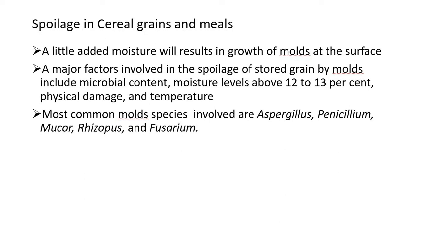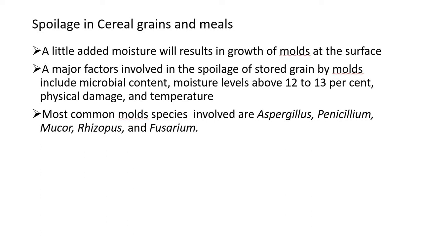A major factor involved in the spoilage of stored grains is molds, which includes the microbial content, moisture level above 12 to 13%, physical damage, and the temperature. For example, if cereal grains usually contain a moisture level of less than 13%, they won't get spoiled so easily.